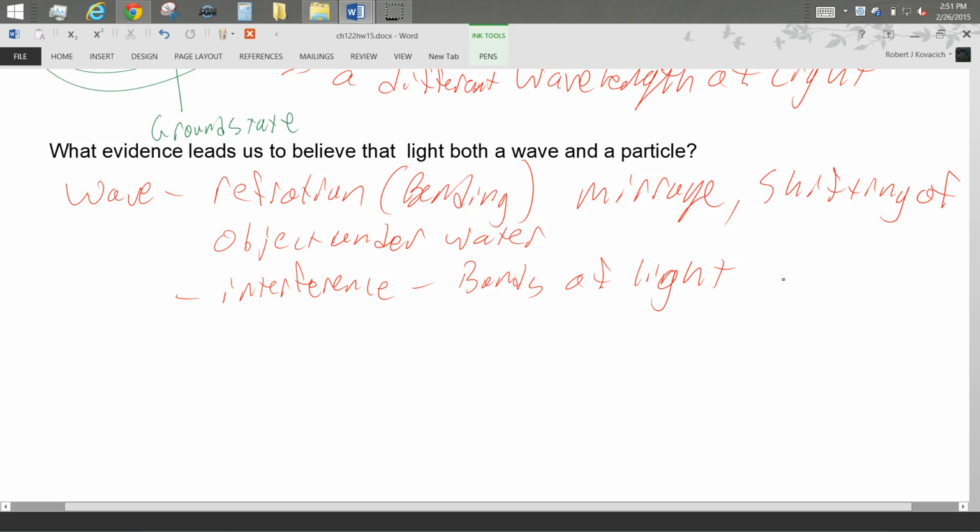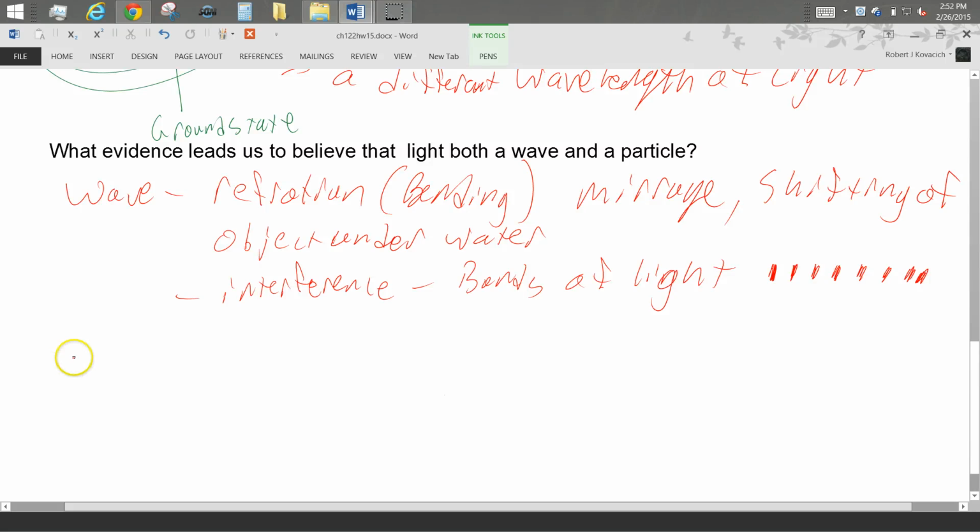So I have that flashlight, I've got a piece of cardboard with two slits from, say, a butter knife, put it over the flashlight, point it at the wall, and I get dark, light, dark, light, dark, light, dark, light. So the areas where there is no light, that's destructive interference, and the areas where there is light, that's constructive interference.